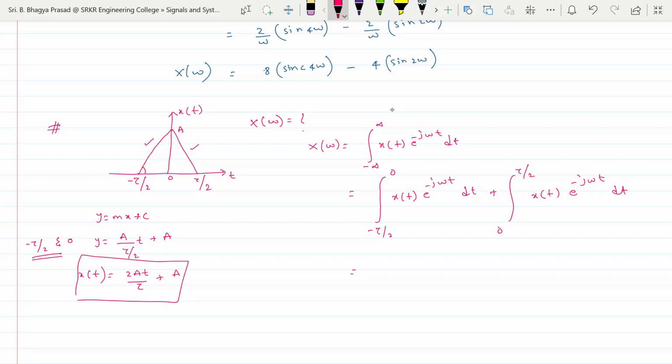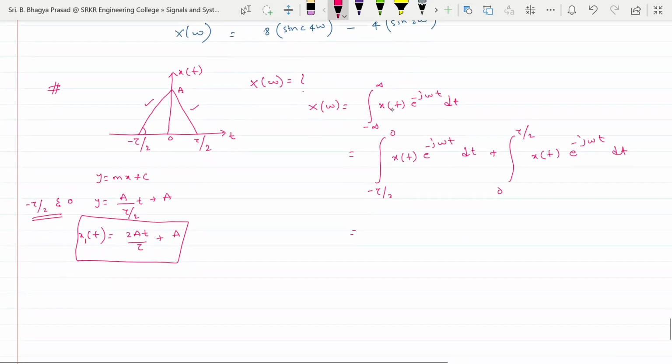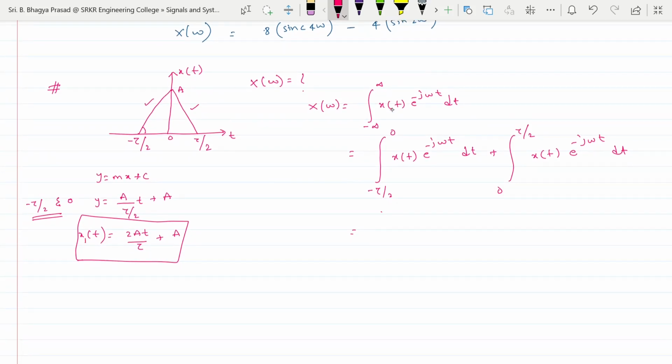The line equation in the duration of minus tau by 2 to 0, you have to substitute this one. So you can take this one as x1. So minus tau by 2 to 0 x1 of t e power minus j omega t dt plus, in between 0 and tau by 2, let us consider that one as x2 of t.